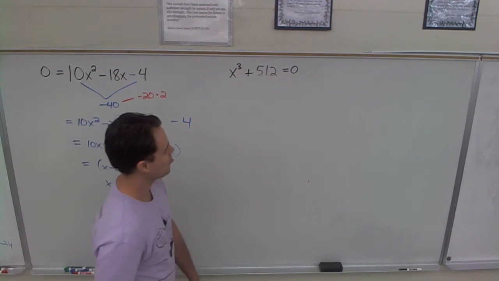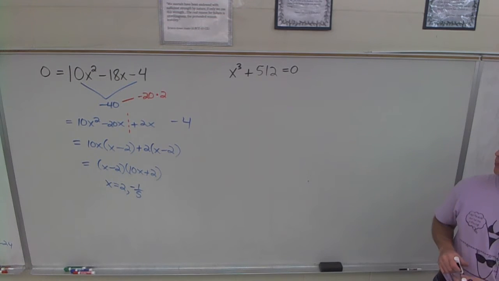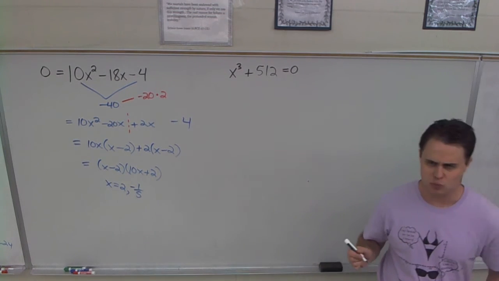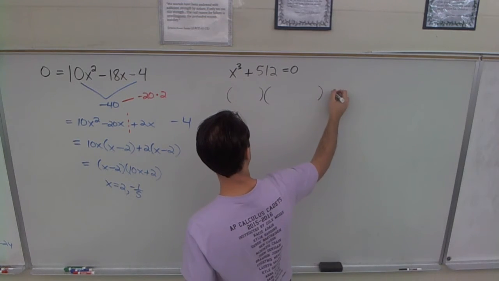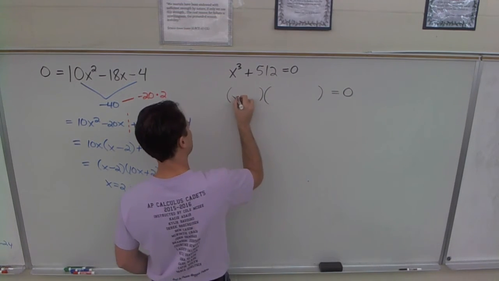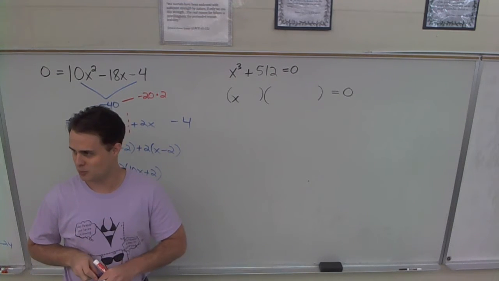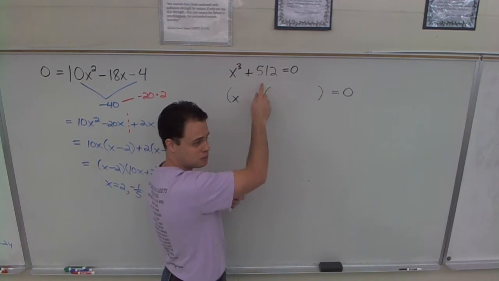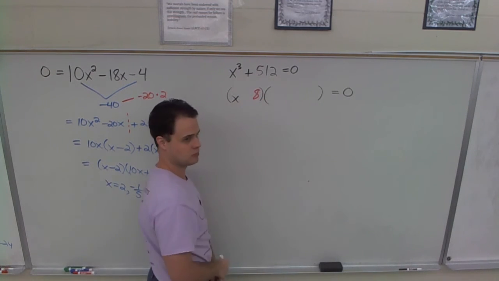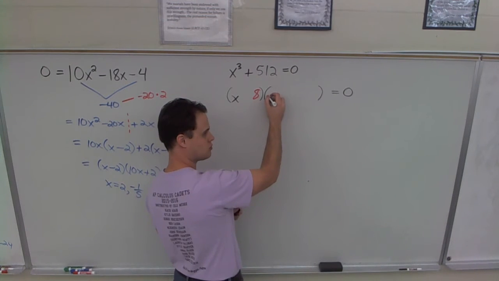Okay? All right, so let's do one with the sum of cubes. So the sum of cubes, we're going to go, okay, this factors like this. We've got x. What's being cubed here? Hopefully you recognize that from your power tables. 8 is being cubed here, so it's like a in the formula is 8. So then I put what here?